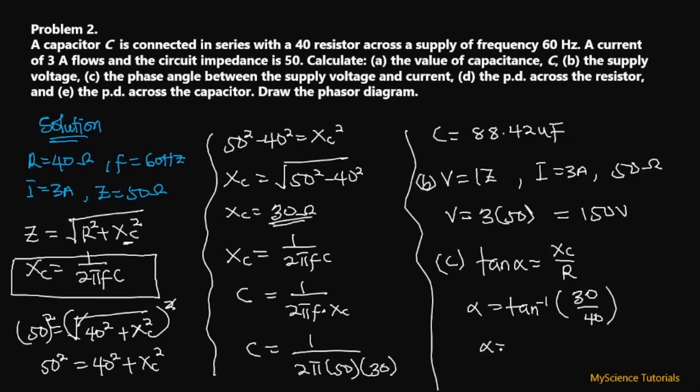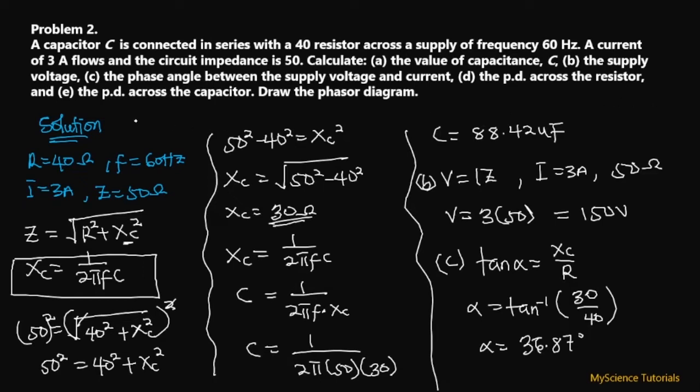The tan inverse of the ratio 30 to 40 will give us an angle of 36.87 degrees.